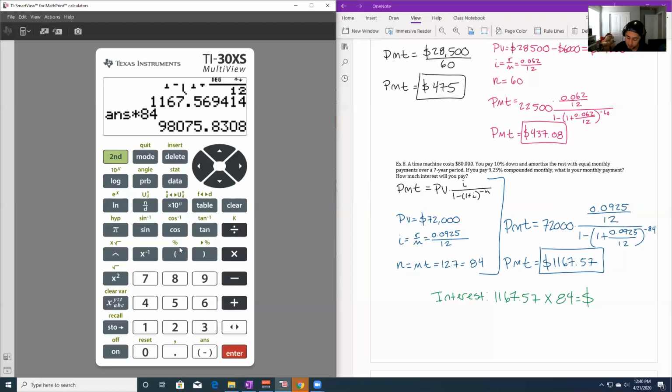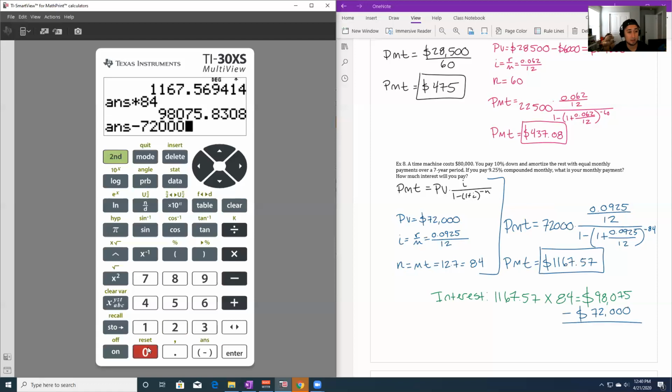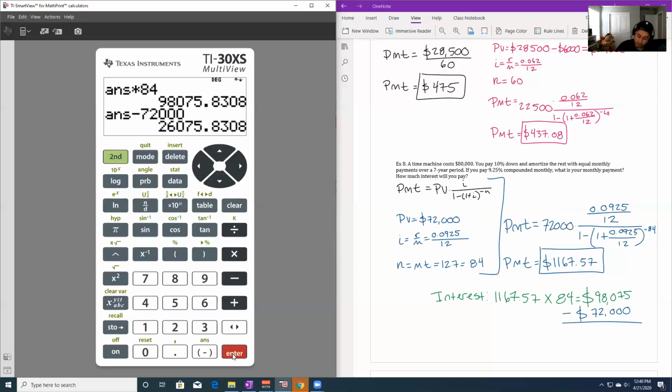So we will pay 98,075. I'll just leave those cents out, and we will subtract the present value, 72,000, from it. 98,075 minus 72,000, and we will pay $26,075 in interest.